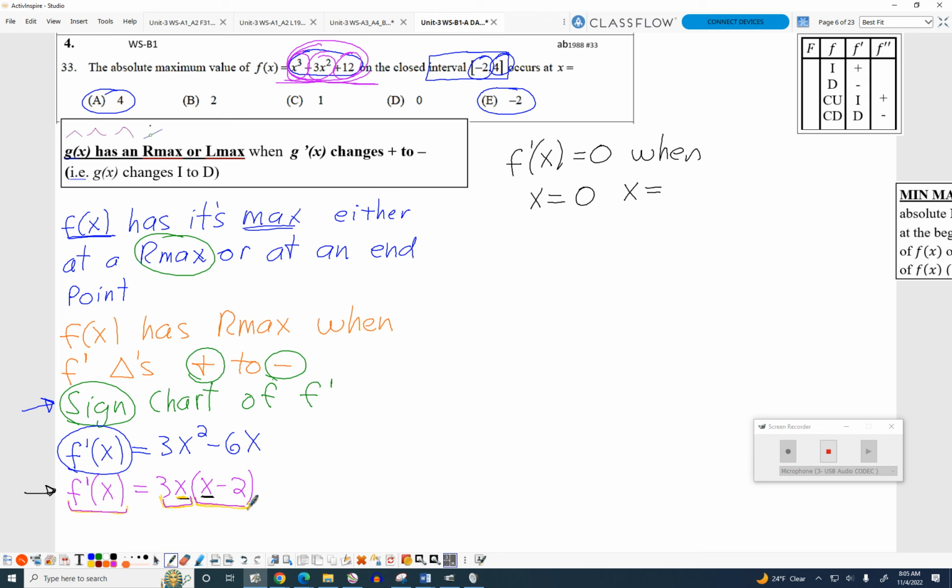This would be 0. 0 times whatever is still 0. 2 points for Claire. Questions? Cool. This literally, right here, nothing else, often gets you a full point on the written section. Just remembering that you've got to figure out where f prime is equal to 0.